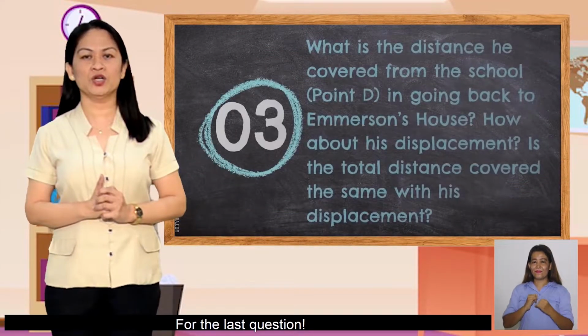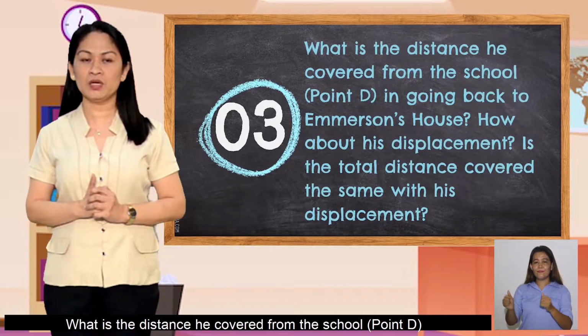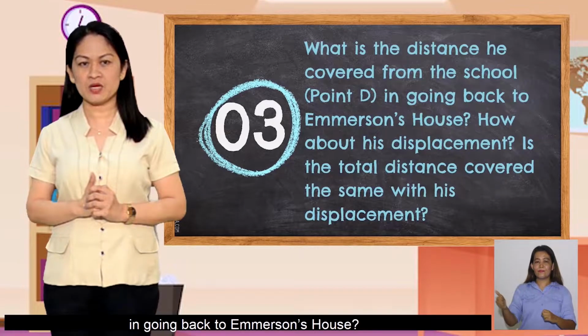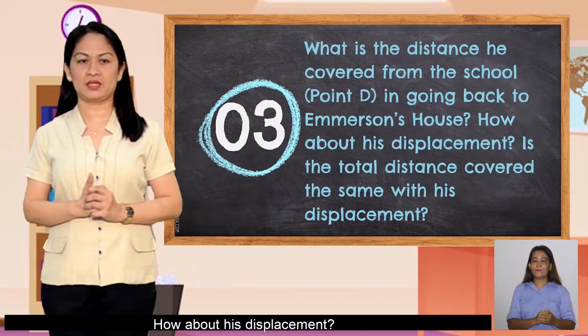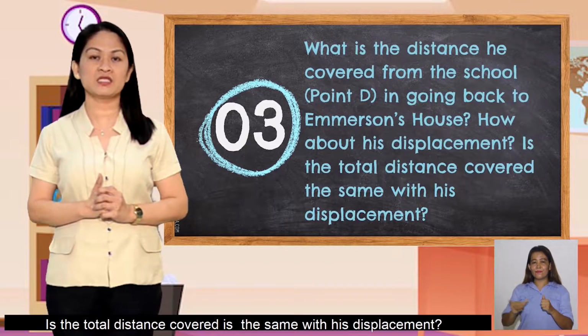For the last question, what is the distance covered from the school, point D, in going back to Emerson's house? How about his displacement? Is the total distance covered the same with his displacement?